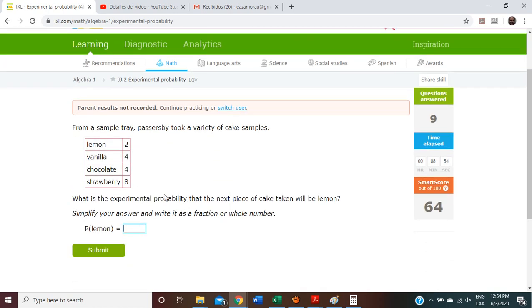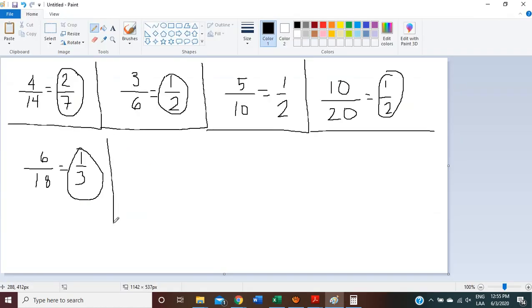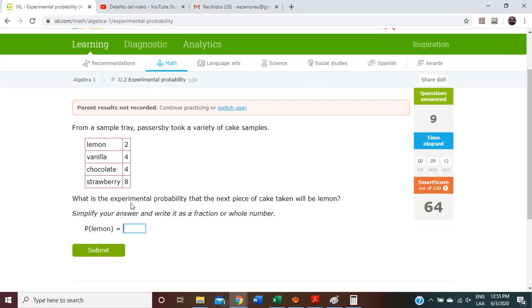Okay, so we have all of these. I am not going to read all of them. I am just going to add them up right here. So it is going to be 18 again. And the question said, what is the experimental probability that the next piece of cake taken will be lemon?